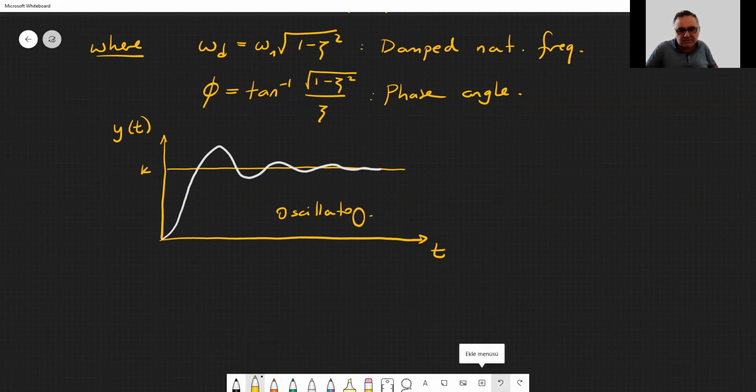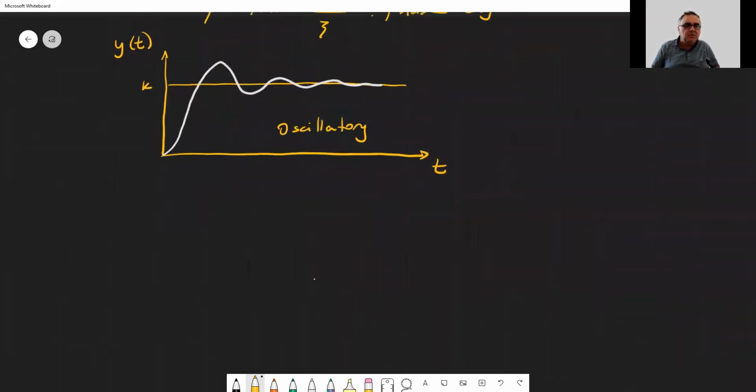It oscillates between certain values. Like, it starts from 0, settles at the steady state, but it makes up and down kind of motion or back and forth kind of motion. This is a typical second order system response. Actually, the response depends on the damping ratio.